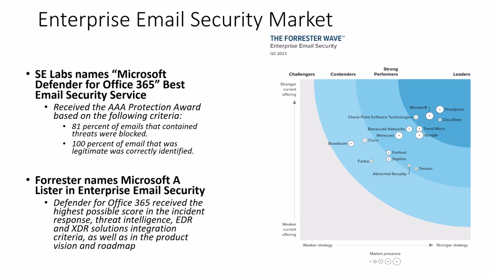So it definitely means that we are in very good hands in terms of our email security platform and all the feature set that's available in the email security platform we see with the Defender for Office.